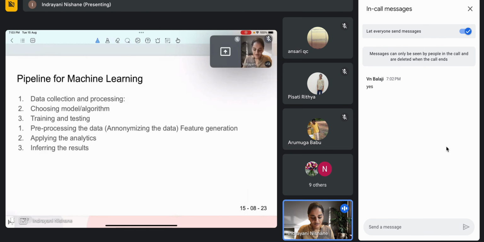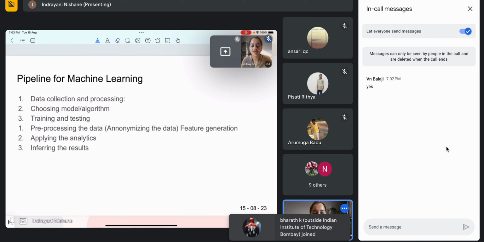So this week the focus of the lectures was on different machine learning techniques, supervised and unsupervised machine learning, and then a few performance matrices were discussed in the lectures.